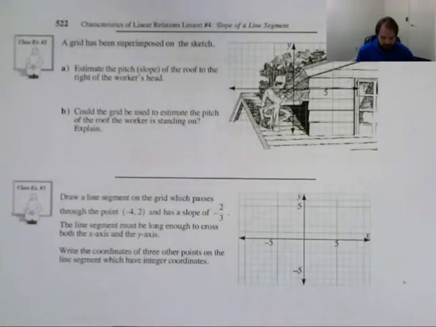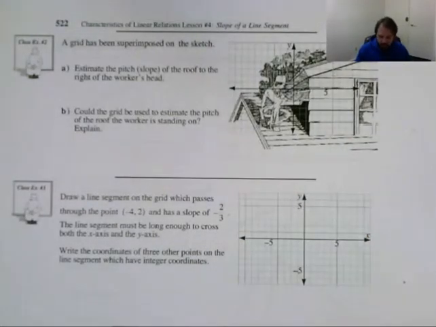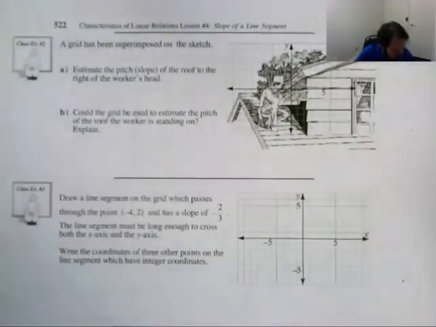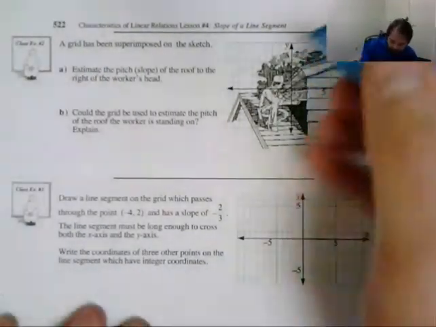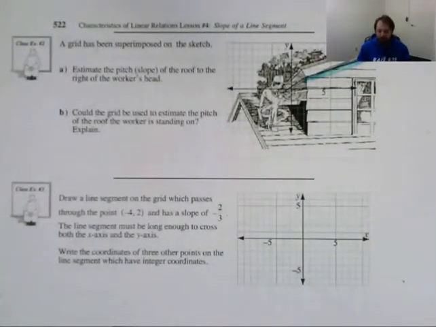So here is my next class example. It has a picture here where we put a grid on. And based on this, we want to find the slope of this roof. So I'm trying to figure out how steep this roof line is.